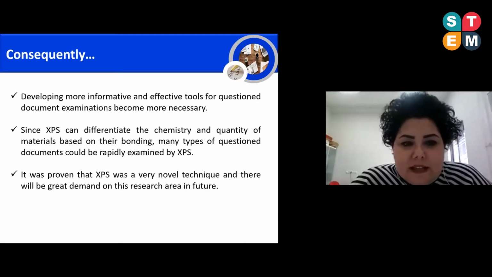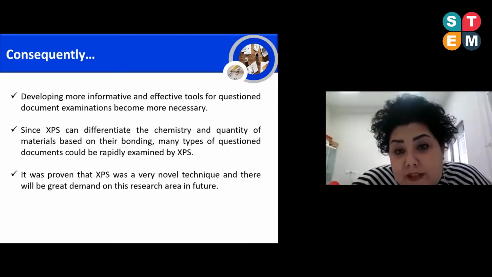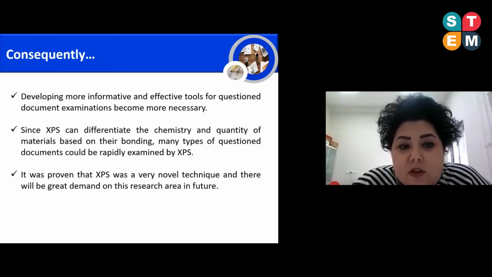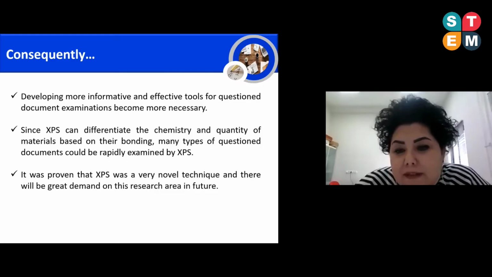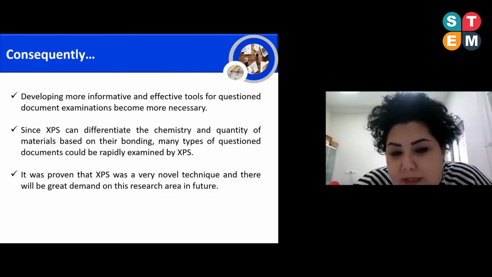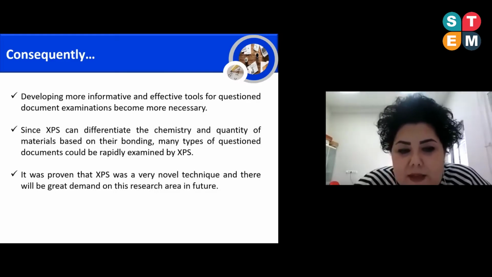Consequently, we can say that developing more informative and effective tools for questioned document examinations becomes more necessary. And since XPS can differentiate the chemistry and quantity of materials based on their bonding, many types of questioned documents could be rapidly examined by XPS.